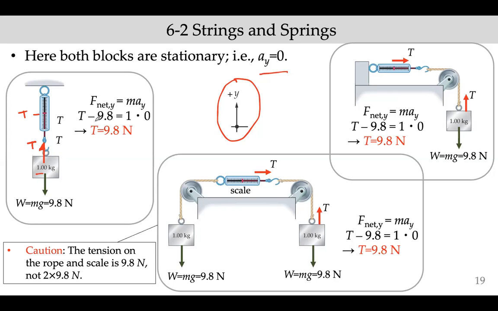So you write T minus 9.8 equals m times a, but because the system is stationary, acceleration is 0, so this part is 0. Then T equals 9.8 newtons here. Again, why do we have not 9.8 minus T, but instead we have T minus 9.8? This is again related to the coordinate system that we chose.